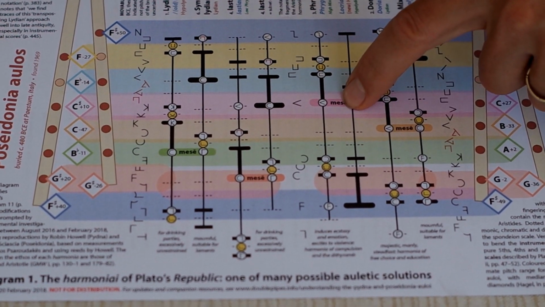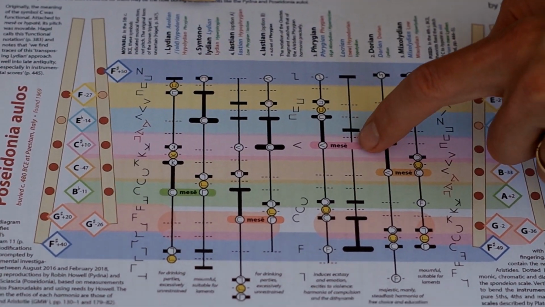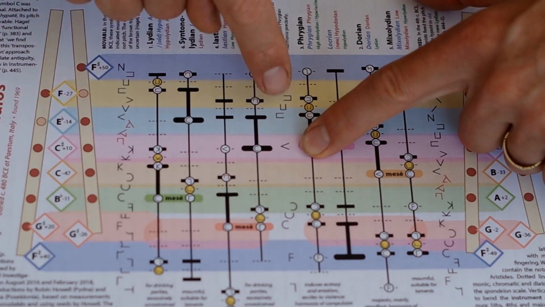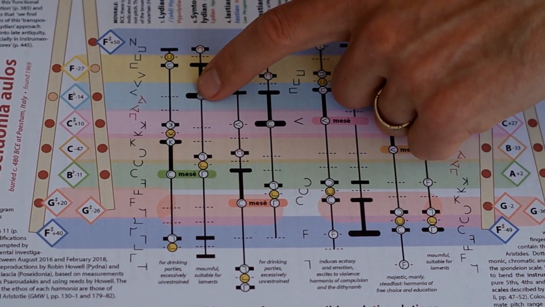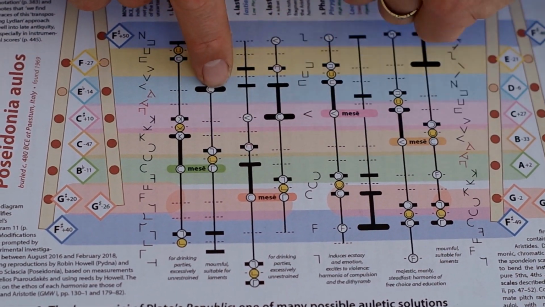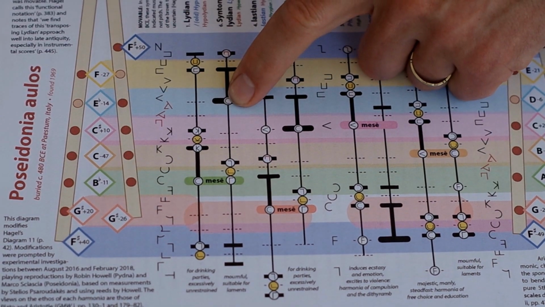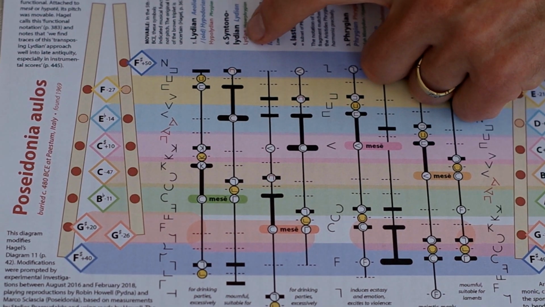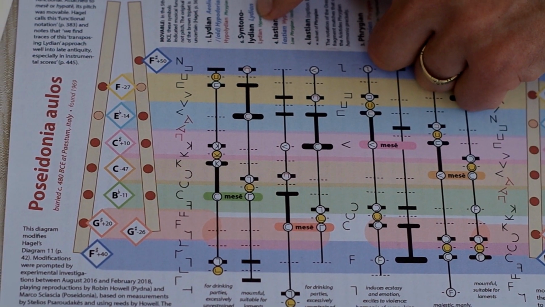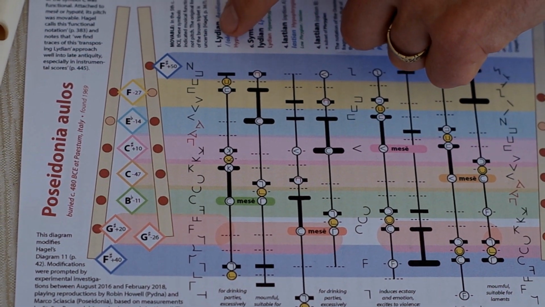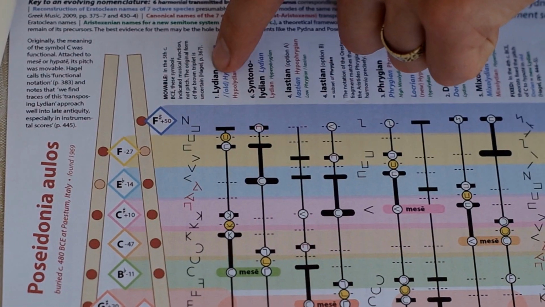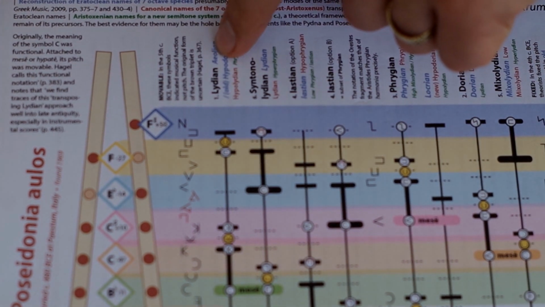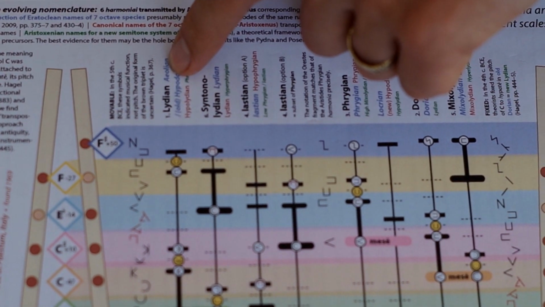But actually, you just move up one tone to the Phrygian area, and then we'll skip the Iastian. We'll modulate up a tone to this Messe here, which is what Aristides calls Syntono-Lydian, but all the others call Lydian.